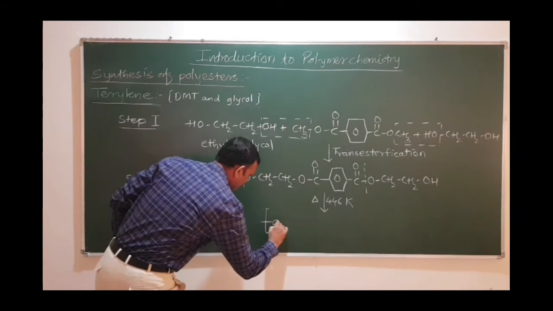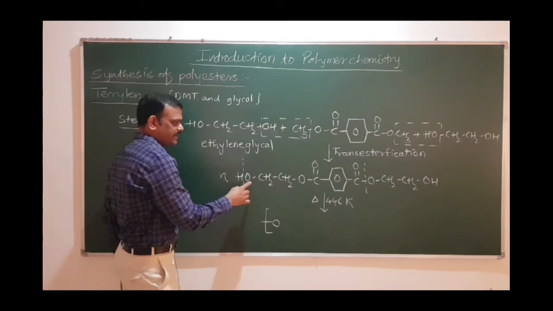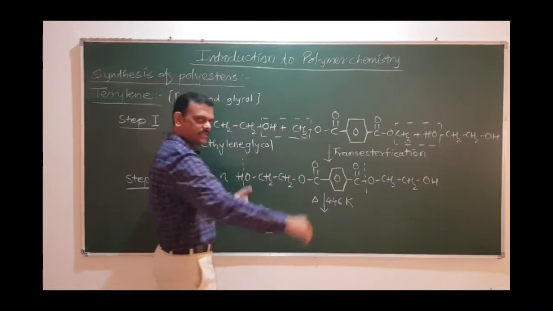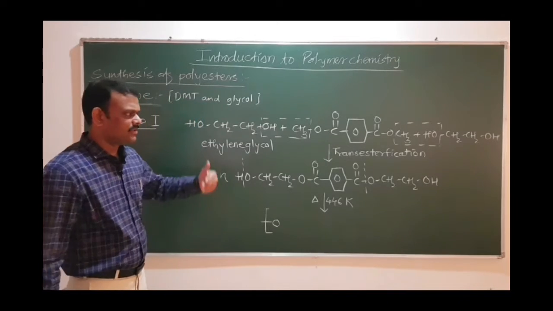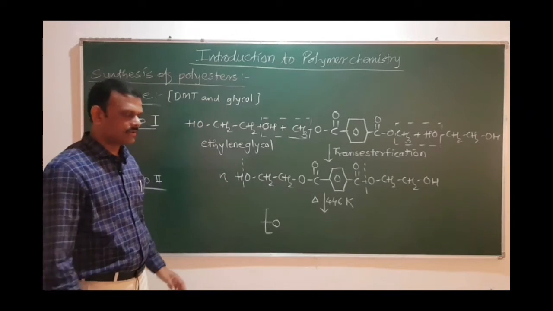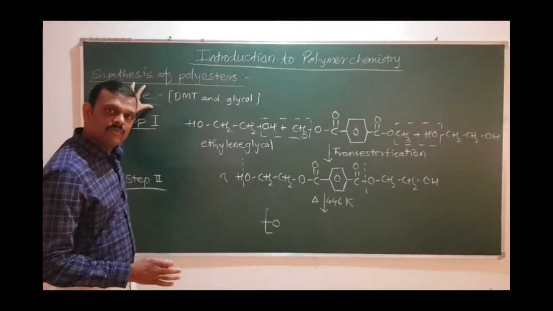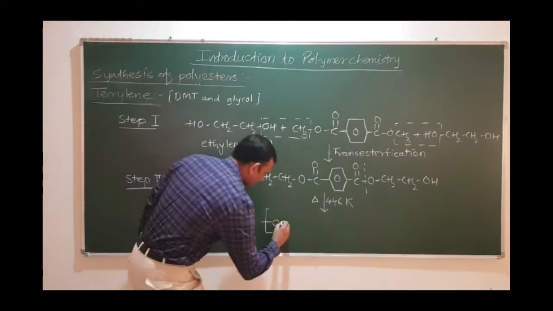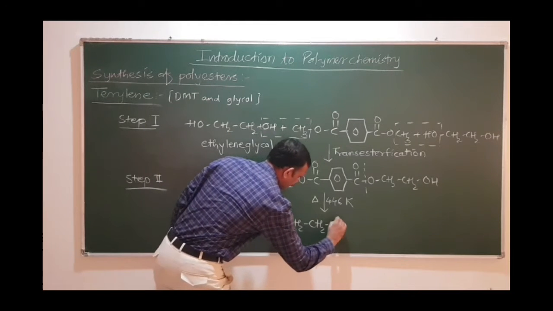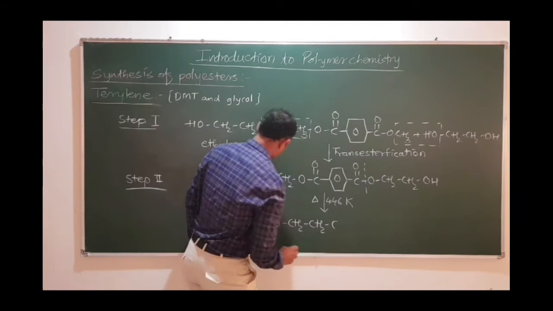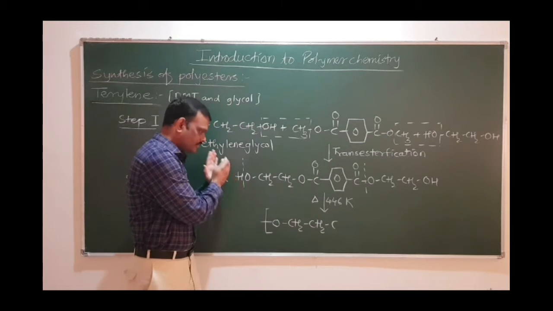You have to start from this oxygen and write the remaining part in parentheses, n times, and you have to remove n times ethylene glycol. The structure of the terylene polymer is like this. You have to remove only the hydrogen.